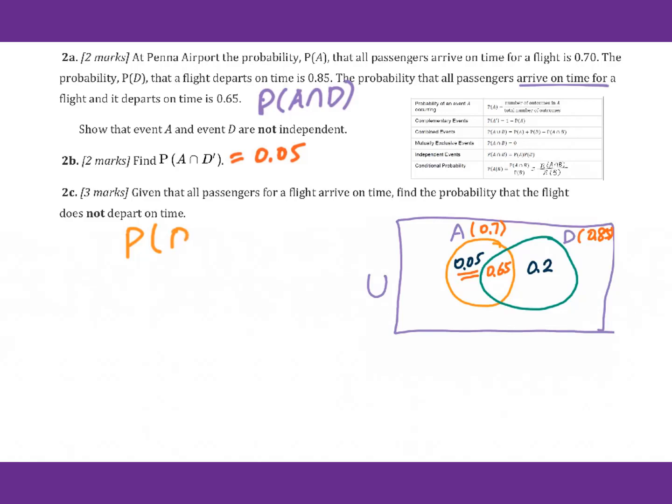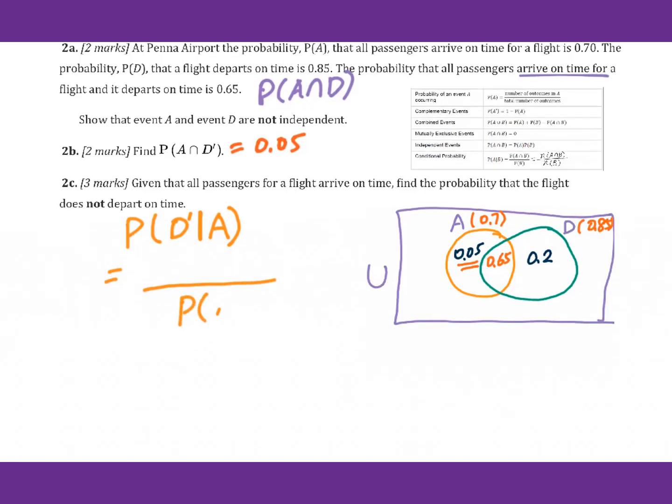That means D prime. Given that this will be the total, it's A. In other words, we need a probability A as a denominator.